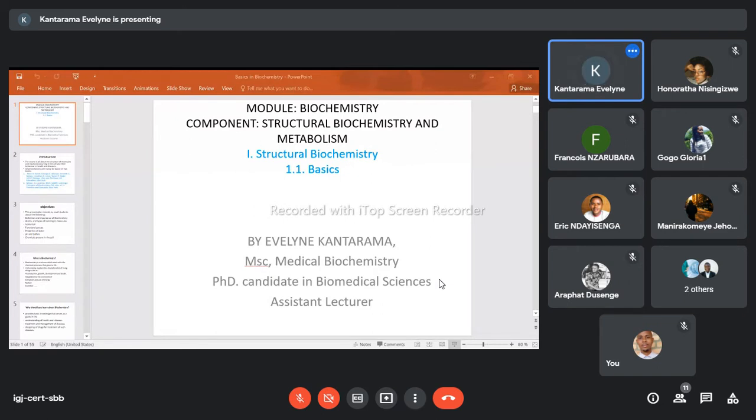The main goal is to review what you have seen in secondary school. We see about atoms, structure, types of bonding, molecules, isomers, properties of water, pH and buffers, and then chemical reactions.